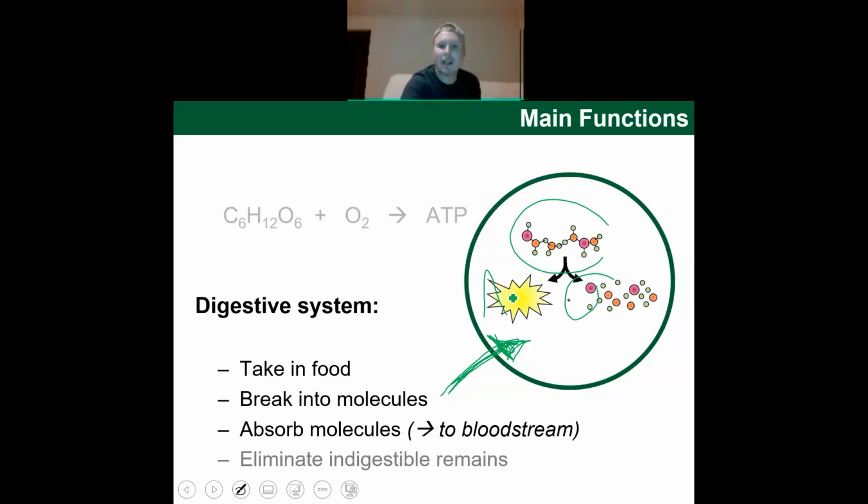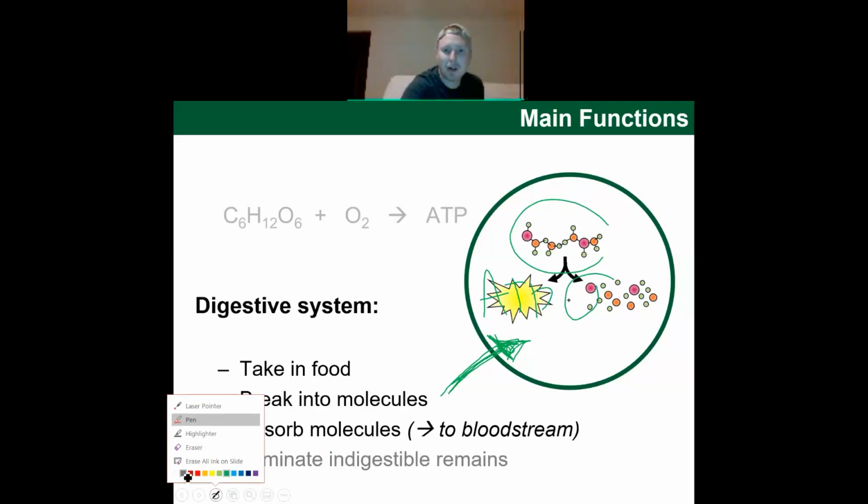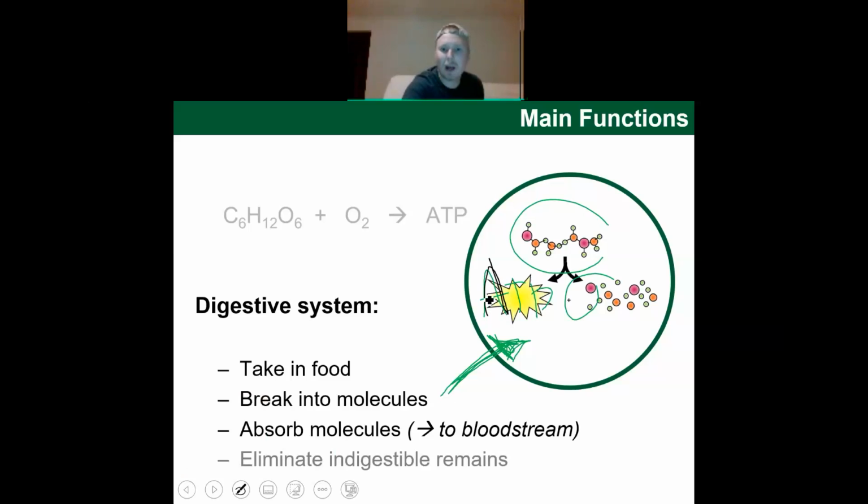And usually it was the ATP. So this process of breaking down complex molecules into simple molecules results in energy. And that's really the reason why we are doing this. And ATP was the form of energy, the energy currency in the body that we're going to be using. So this is just connecting to what you already know.